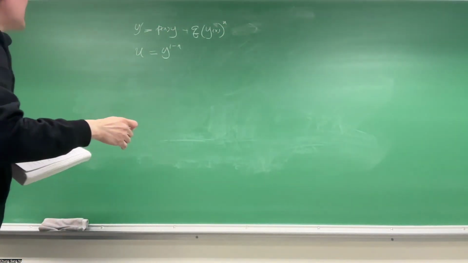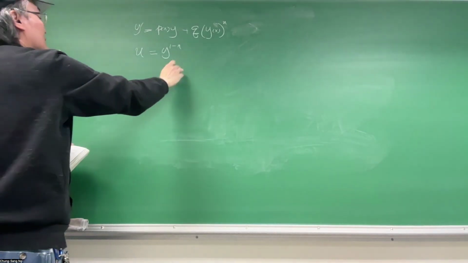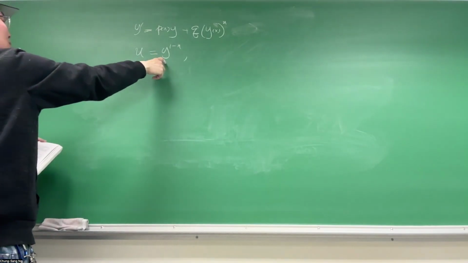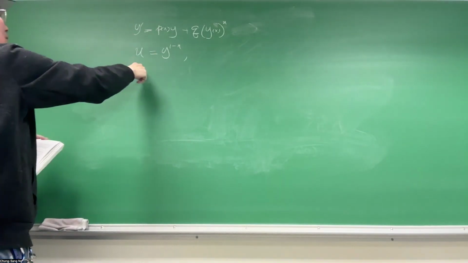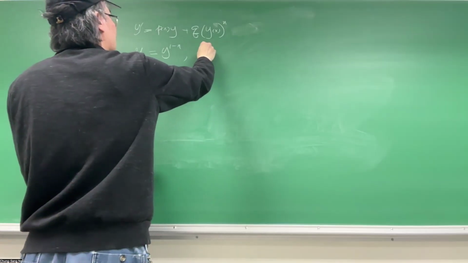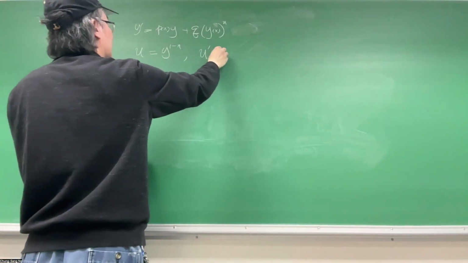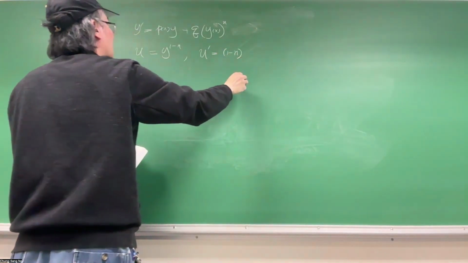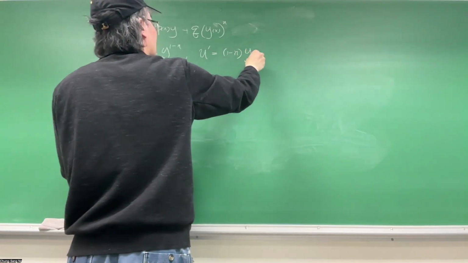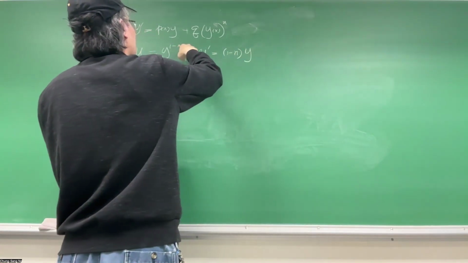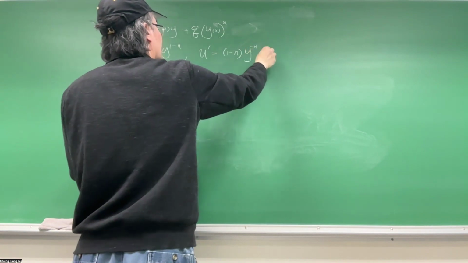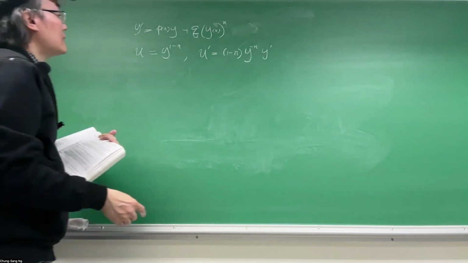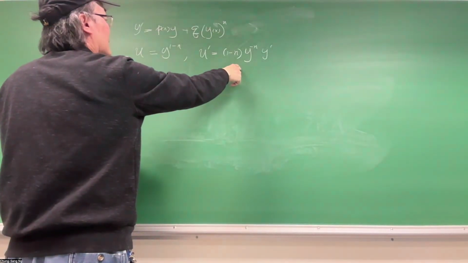To do a derivative, you can either express y as a function of u, or just take a direct derivative and see what happens. u prime is (1 minus n) y to the 1 minus n minus 1, which is minus n, times y prime. Right. And see what happened.